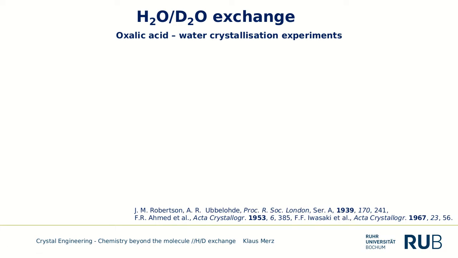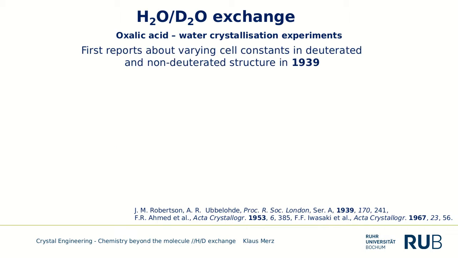They analyzed the crystal structure of oxalic acid, and they analyzed the hydrate, and it was really amazing for them because they saw there's a difference in the cell constants of deuterated and non-deuterated structure.